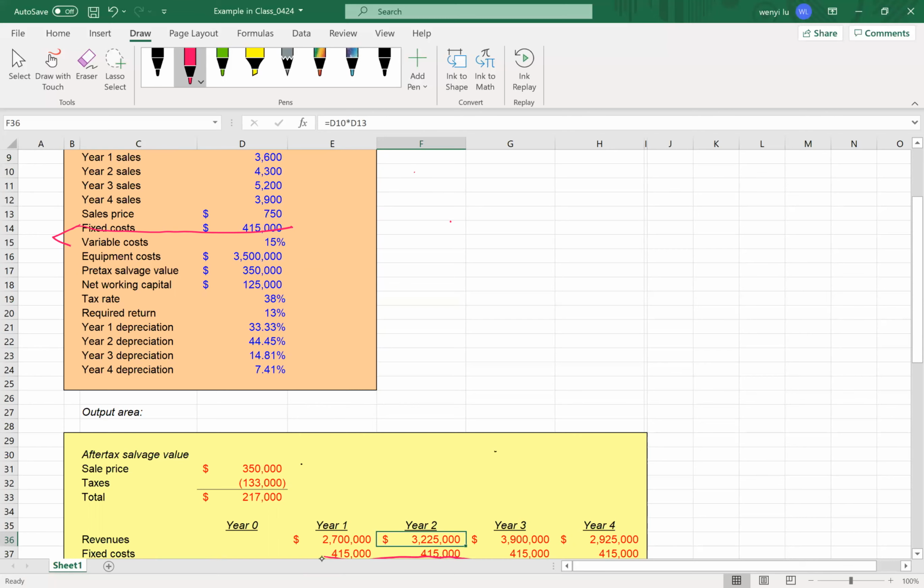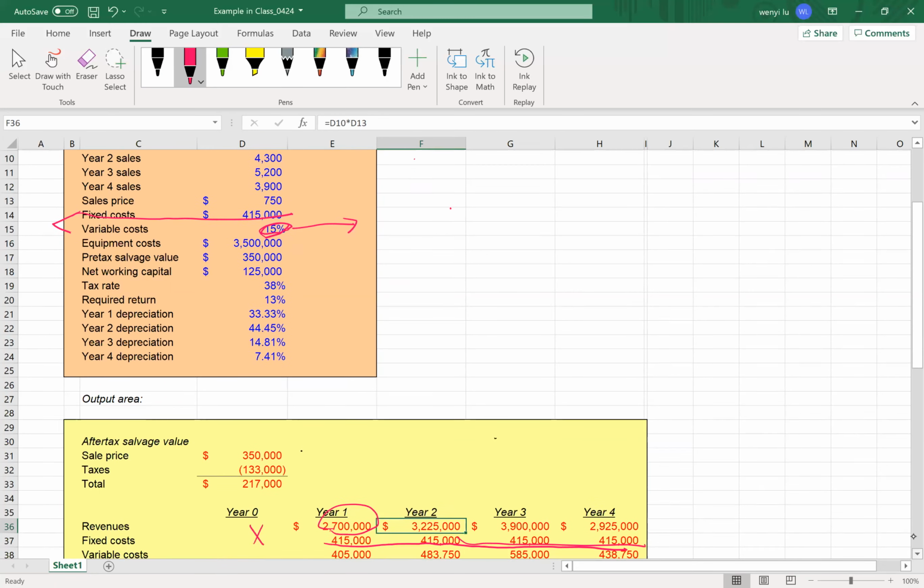$415,000 for every year, right? Then the variable cost is increasing or reducing based on how many units you served. So our variable cost is based on what? Based on revenues. The revenue times the 15% will be the variable cost.